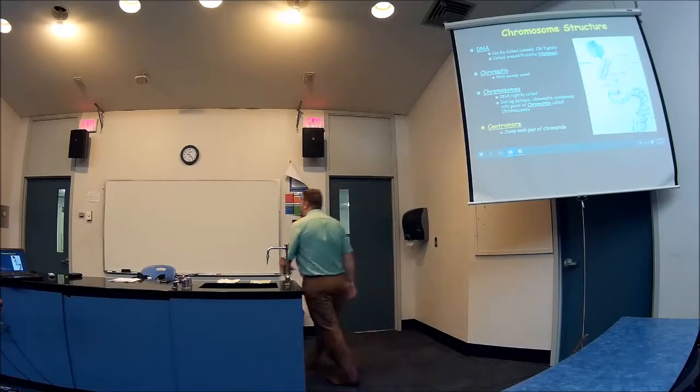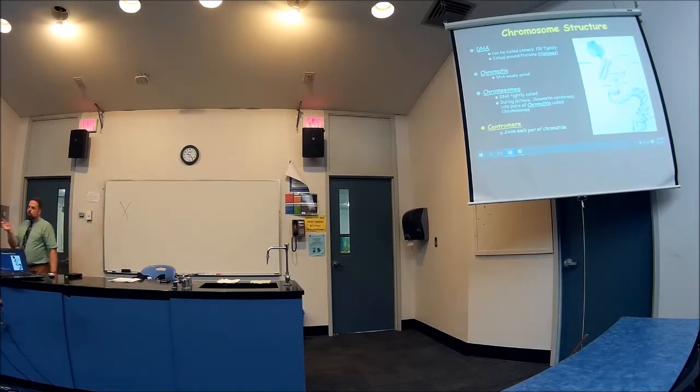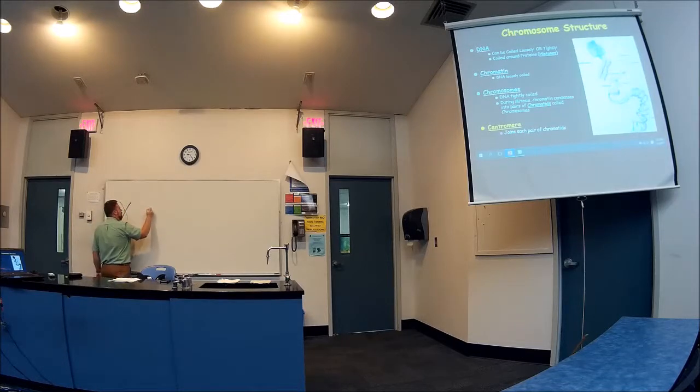So I know a lot of people like to draw chromosomes like it's an X. That's good, you want to draw it that way. But that's not really what it is. In other words, this is not one chromatid. It's kind of this way. So in other words, this is a chromatid. All right?